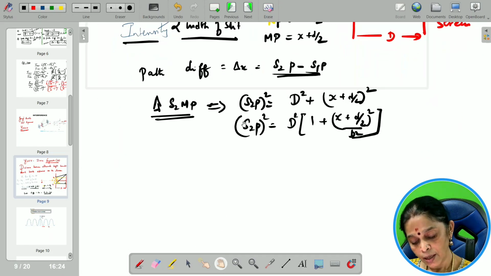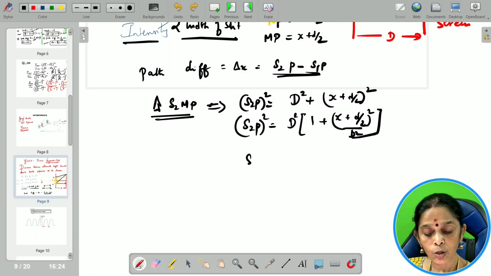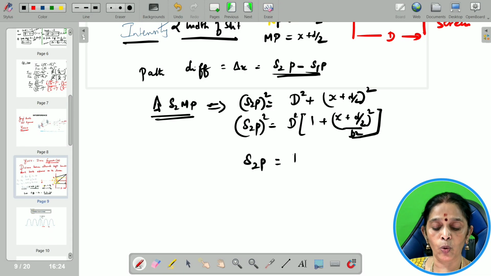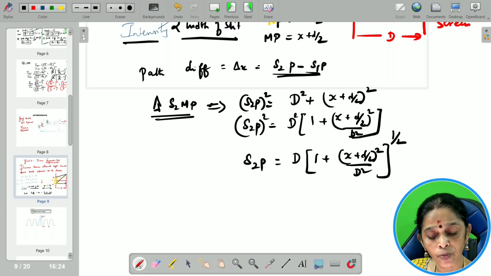Okay, right. Taking the square root, come on, you know it. S2P is D into (1 plus (x plus d by 2) the whole square divided by D square) whole power half. So, this is equation number 2.